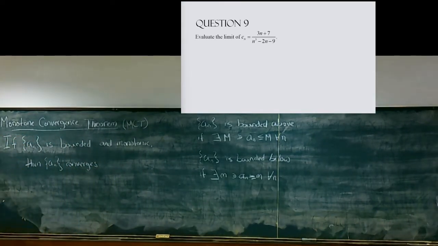Bounded below if there exists some value, call it little m, such that a sub n is greater than or equal to little m for all n. So every term in the sequence is larger than that little m. Then we say that little m is a lower bound.